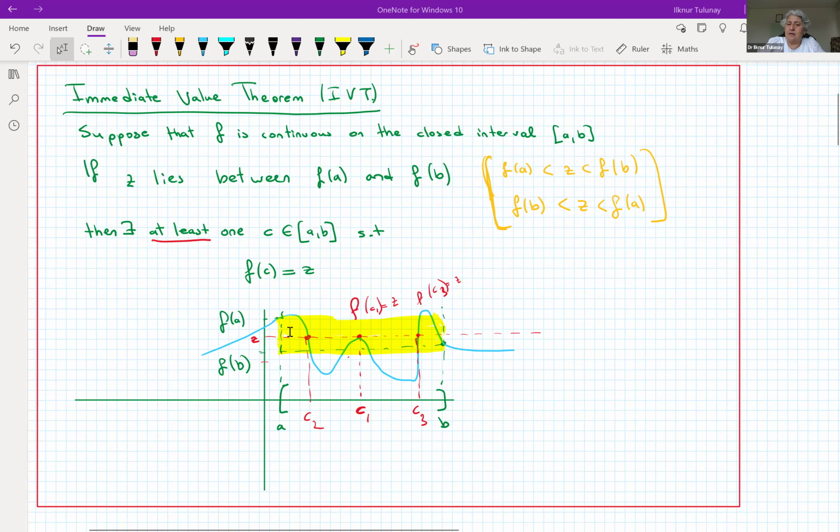It could be more than one. If the function goes just like that, we would have only one c. But if you have a more regular function in that interval, for example, here we have 3 points satisfying this condition. This is the intermediate value theorem.